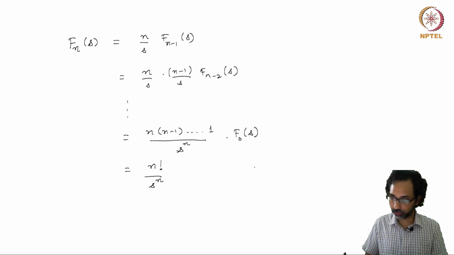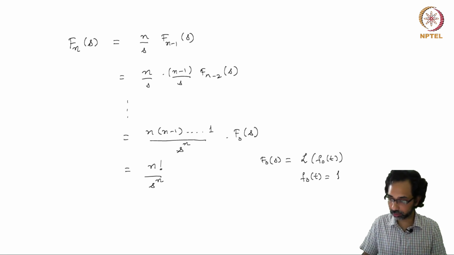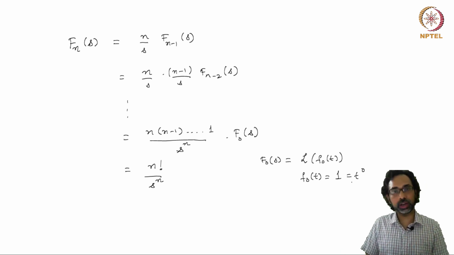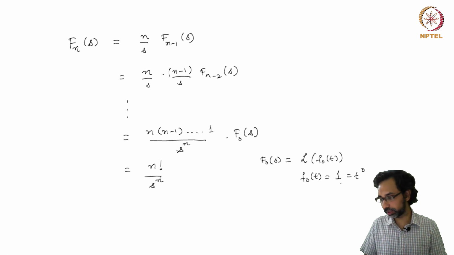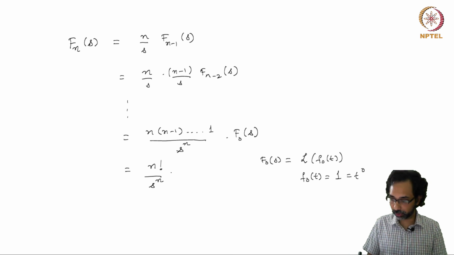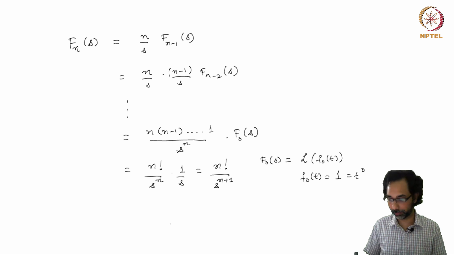And what is f0 of s? f0 of s is simply the Laplace transform of f0 of t, and f0 of t is just 1 because it is t to the power 0. And we have already computed the Laplace transform of a constant function. Now this is a constant function equal to 1. Okay. So the Laplace transform of the constant function 1 is just 1 over s. So in this way we will get n factorial by s to the power n plus 1.